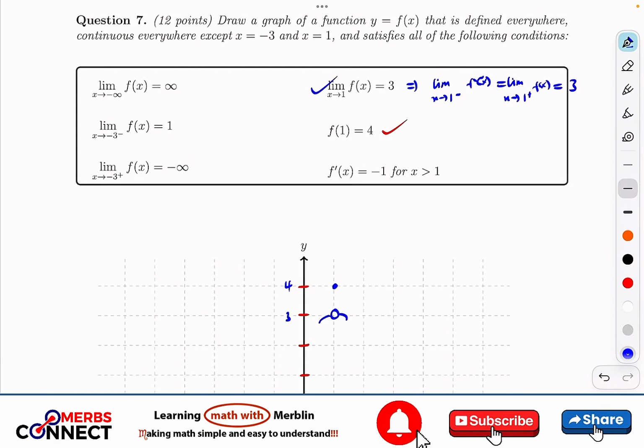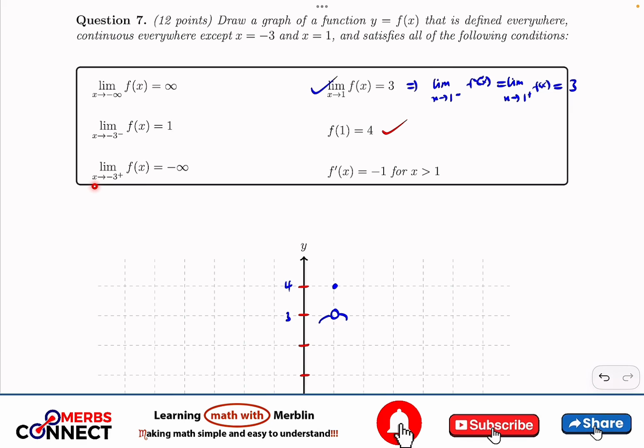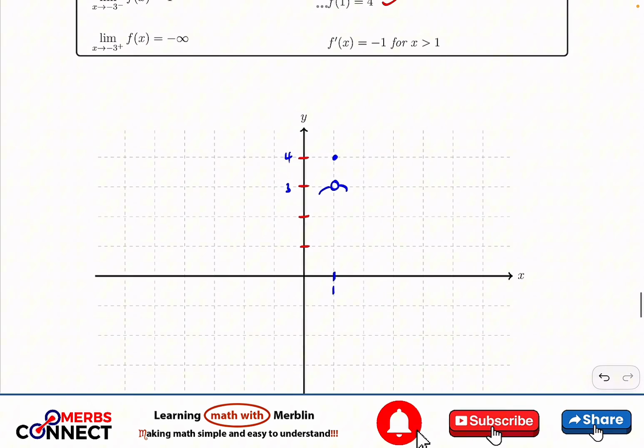Now, this is f prime, so we will come there later. But let's look at something here. x is approaching minus 3, and we are getting to negative infinity, right? x is approaching negative 3 from the positive side.